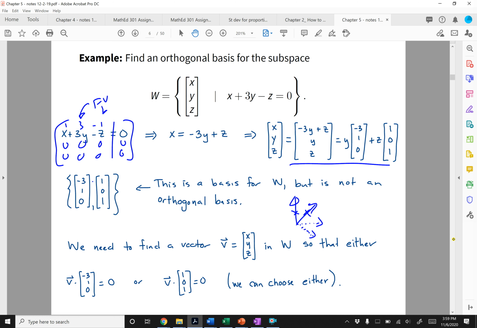So the easiest thing to do here is to think, well, actually, both of these are pretty easy. If I have 0 and then a number and then 0, if I dot product that, it's always going to be 0. So I could pick 0, 1, 0 to be in the basis. Oh, I better make sure it's in. I might have just lied, because I better make sure that that falls in here too.